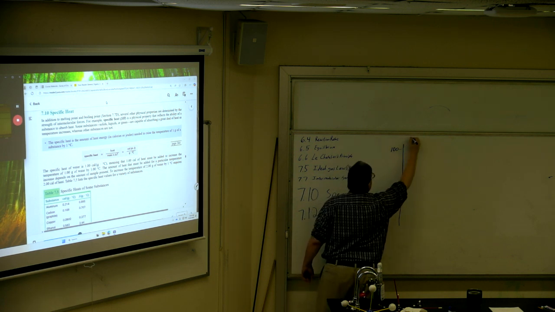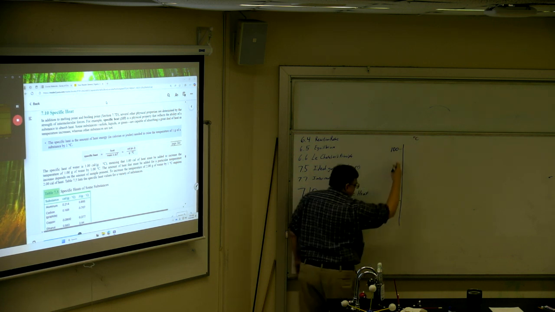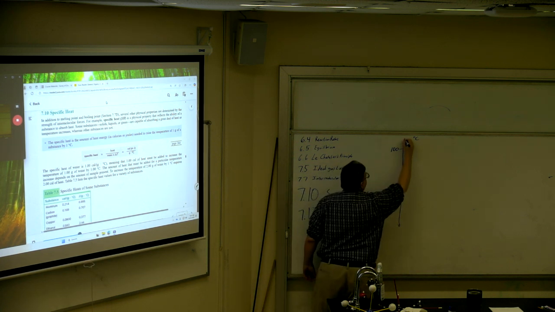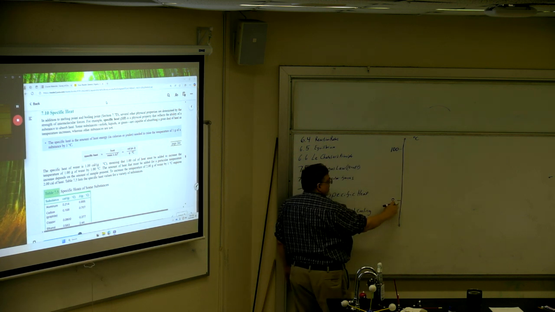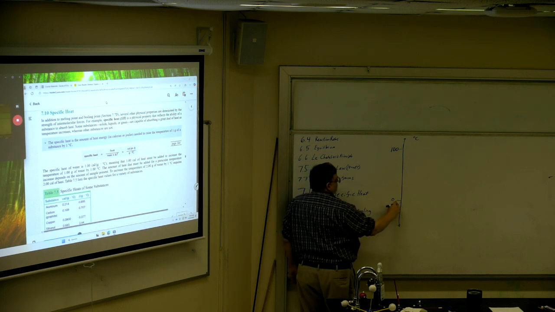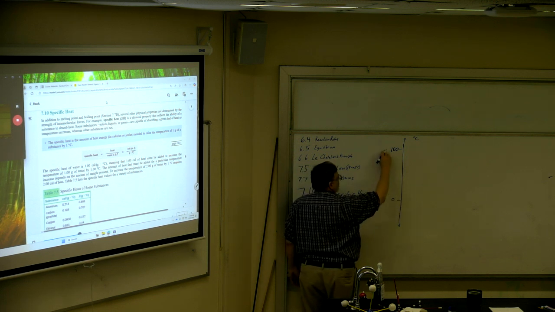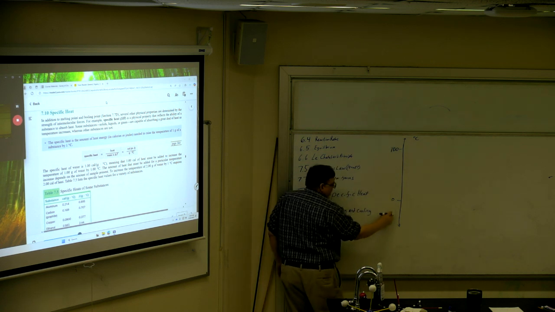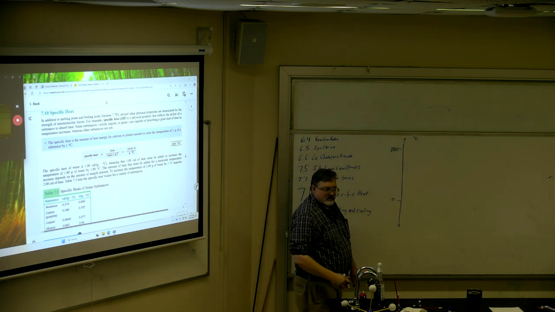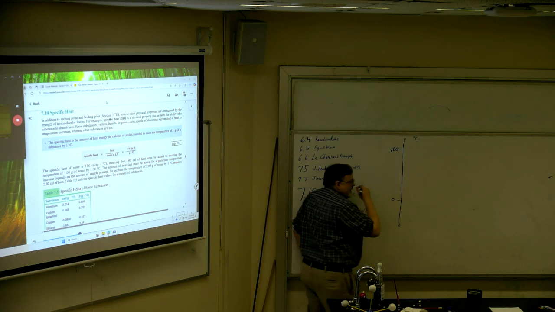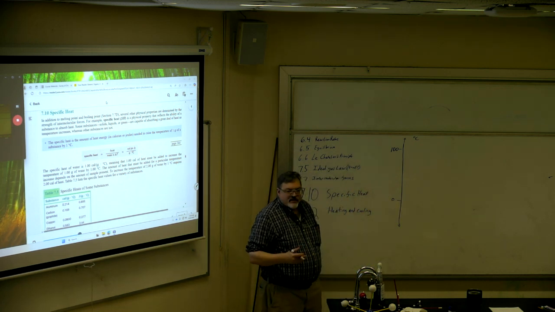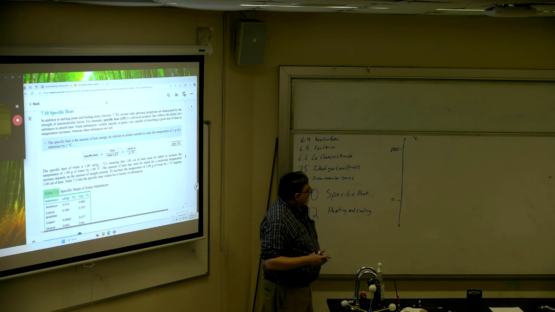This is degree C. This is just a temperature line. Let's just say this is temperature. So this is 0 degrees C. This is 50 degrees C, 100 degrees C. 105, 110 would be up here, and negative degrees C would be down here. The Celsius scale is designed actually with water in mind.